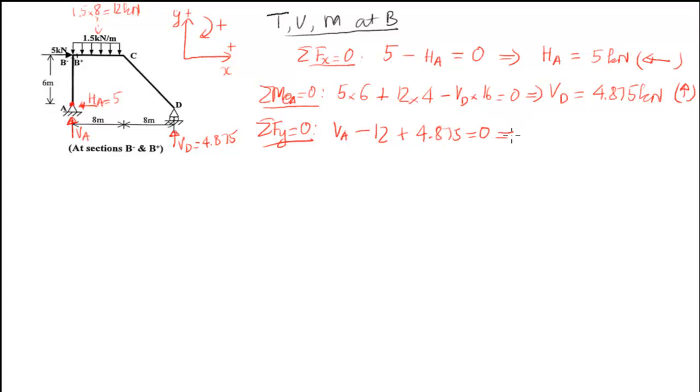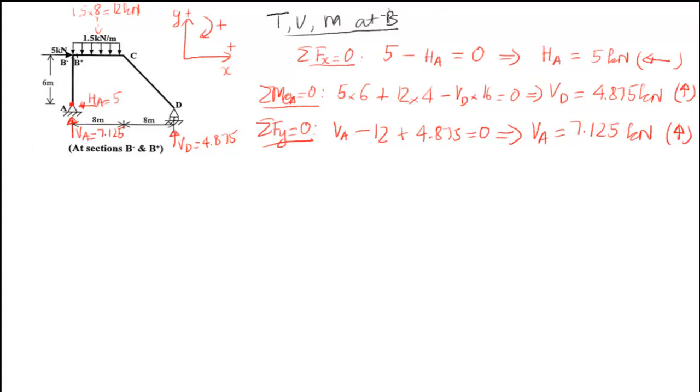Okay, so then we solve for VA. VA equals 7.125 kilonewton, and it's a positive value, so it will be upward. I'll just write down here 7.125. Alright, so first thing, find all reactions for the whole structure first, right?